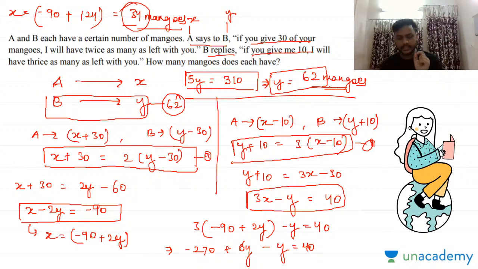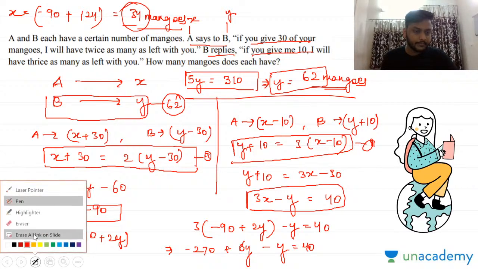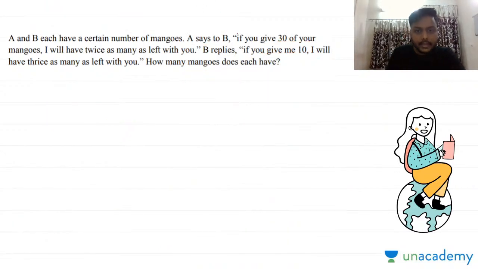So the only logic and the only main point that we have over here is about this assumption. Okay, so this is very important. The first portion, this one: A says to B, if you give 30 of your mangoes, I will have twice.